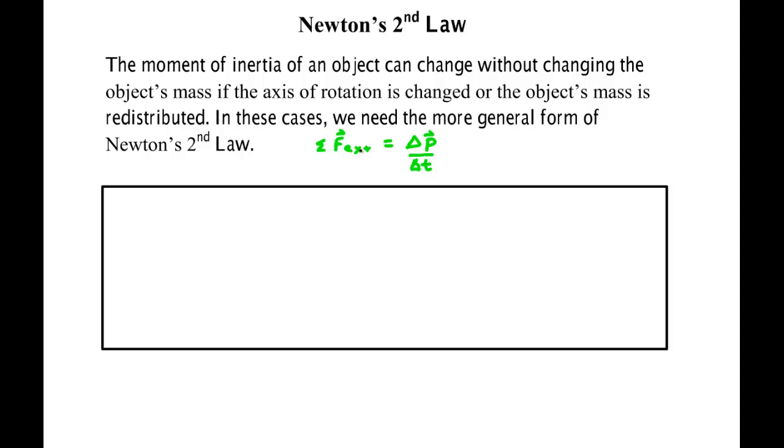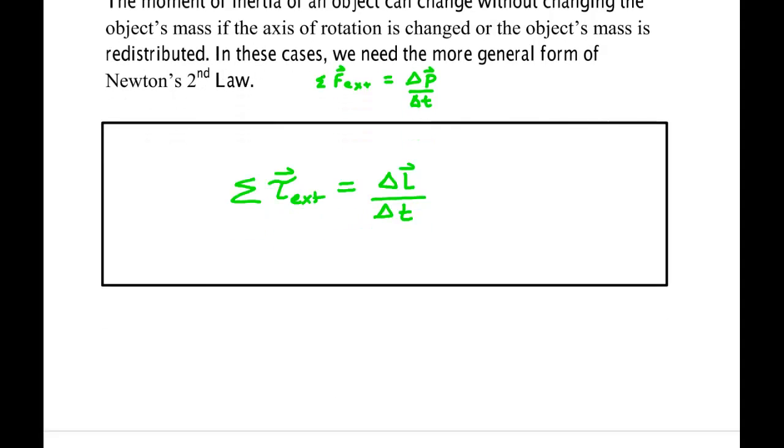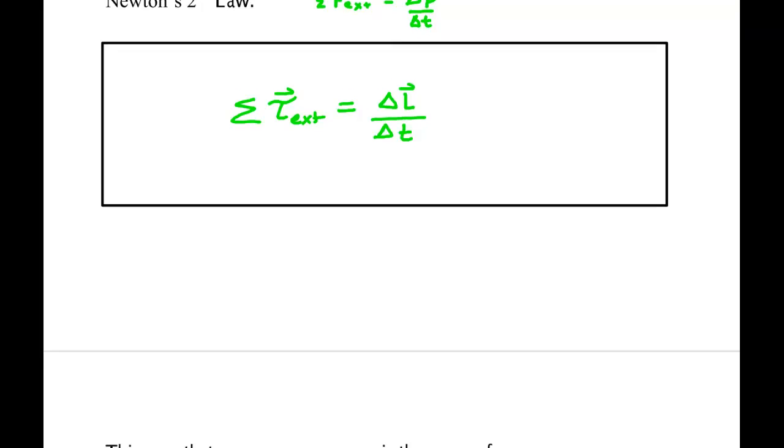Because we did this, we need the same sort of thing in this chapter for rotation, but it won't be the sum of the forces. It'll be the sum of the external torques, and it's equal to the change not in the linear momentum, but the angular momentum divided by the change in time. So this extremely important equation explains an awful lot of things in the world of physics.